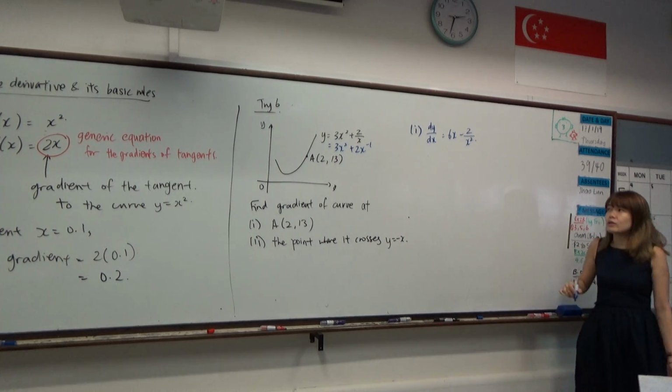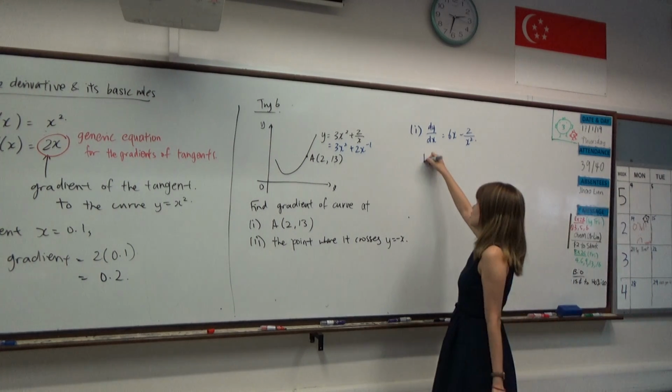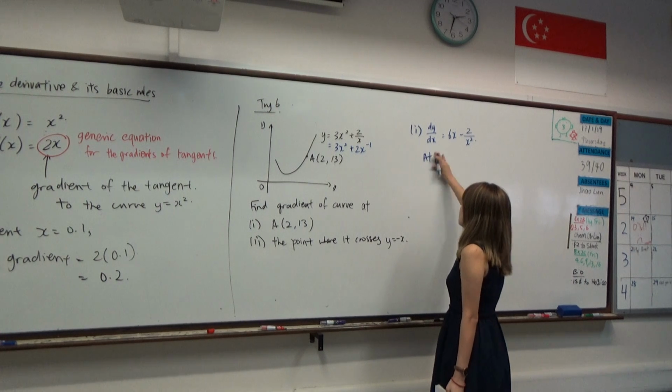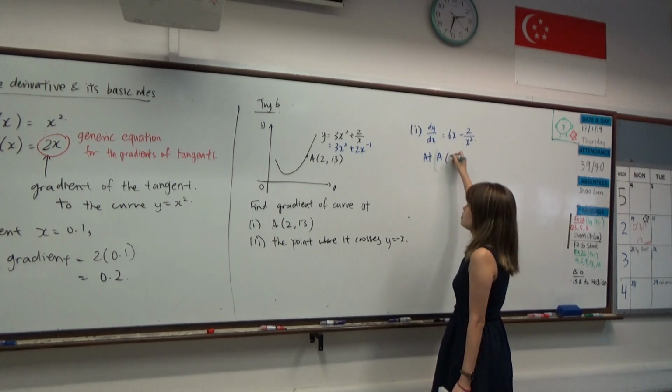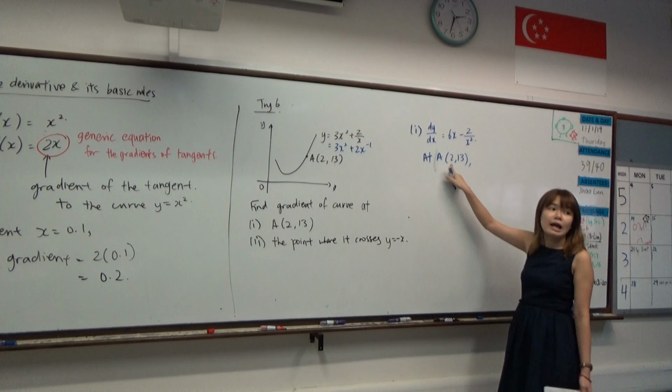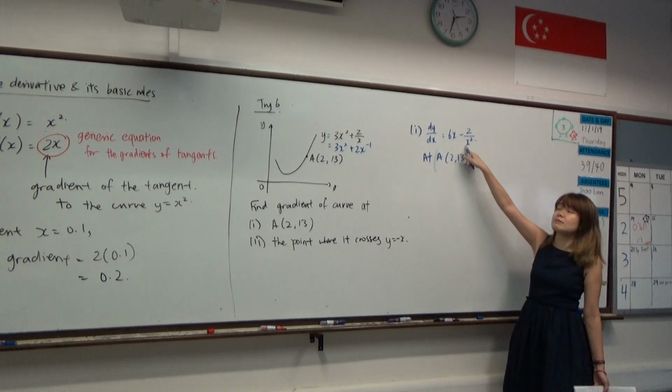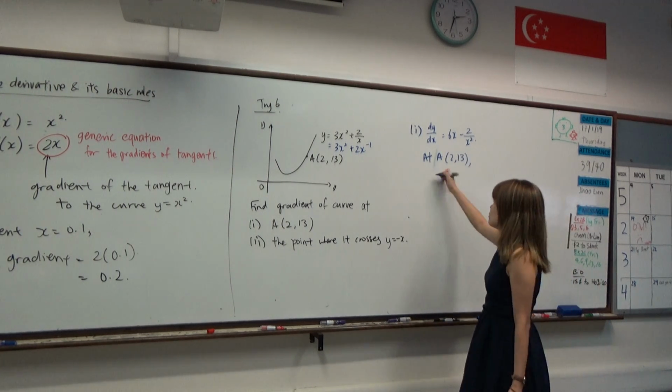Okay, so now that you have differentiated it, then at point A, (2, 13), x equals 2, so we substitute x equals 2 to find the gradient.